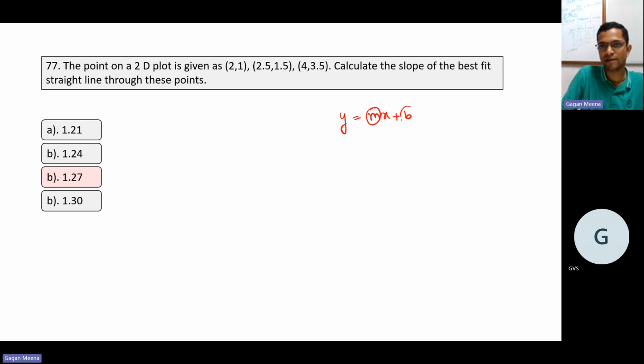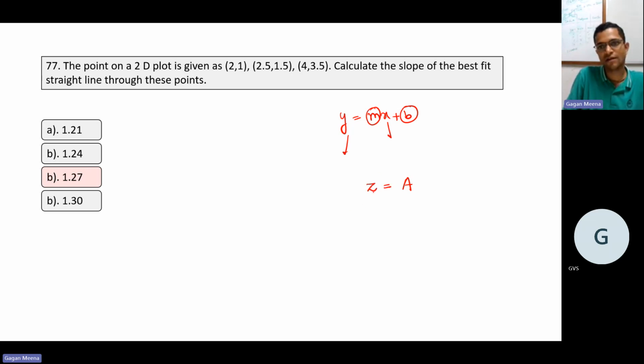Now m and b you want to calculate, and x and y you know. You want to fit this, and the formula for that will give you the answer.